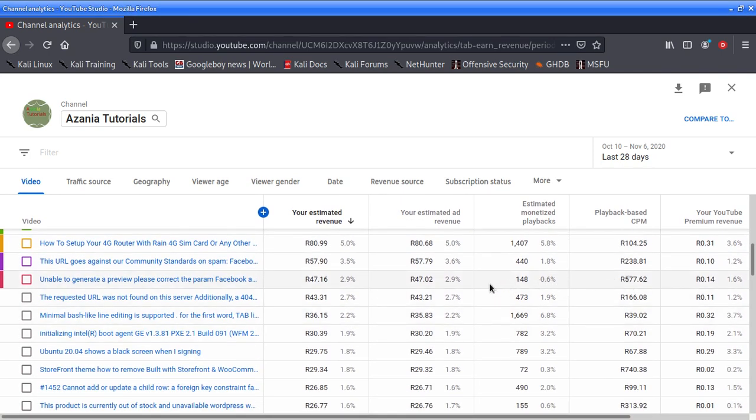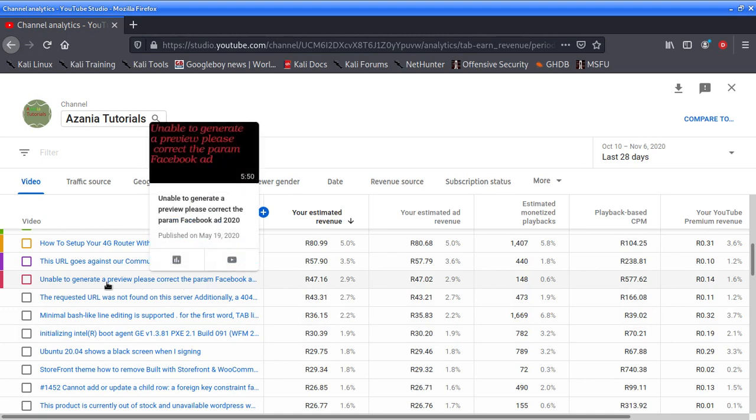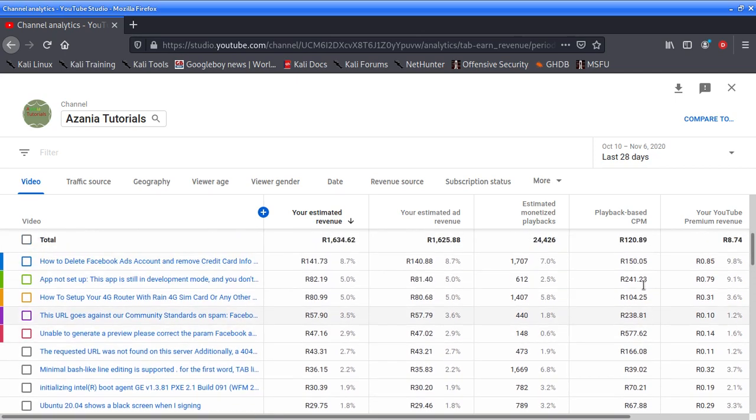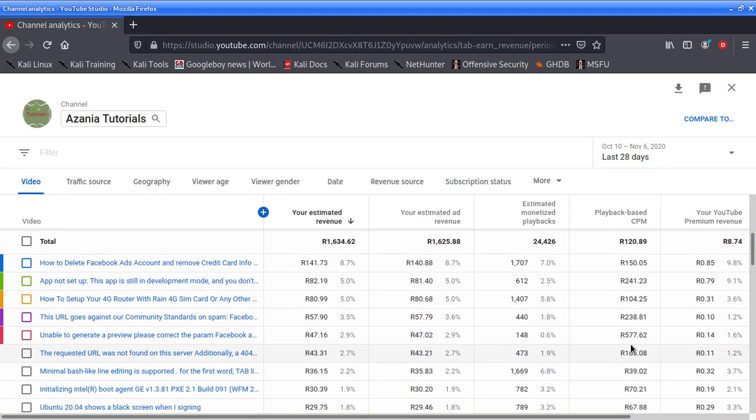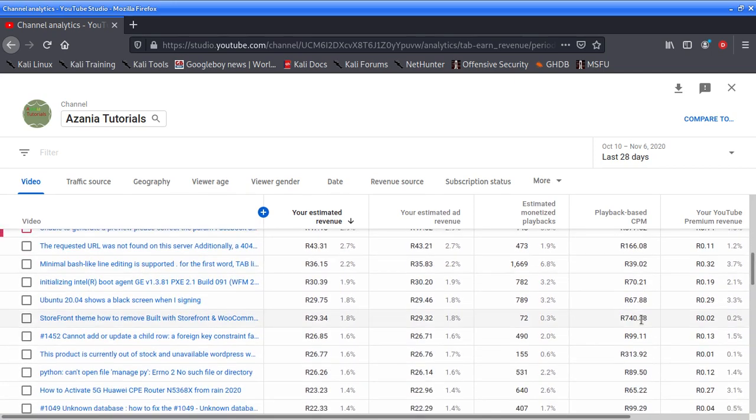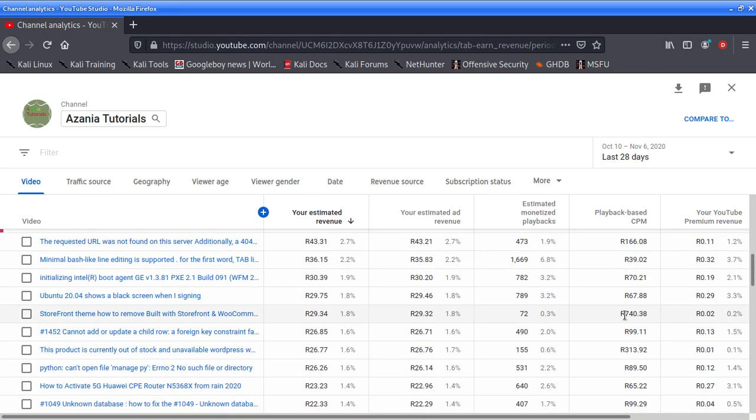You can see this one has a high CPM, higher than the first video, but it's standing at number 5. You can go down to something like number 8 or 10. It has a high CPM, but it made less money, not even half of the money of the first video, but the CPM is high.